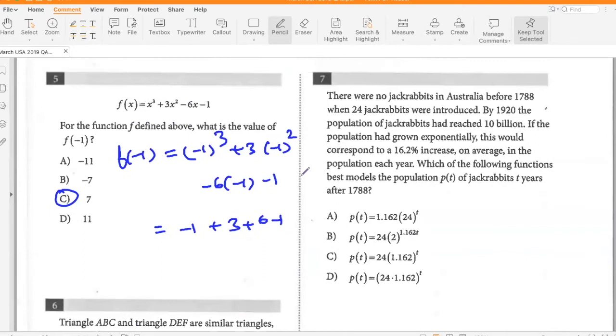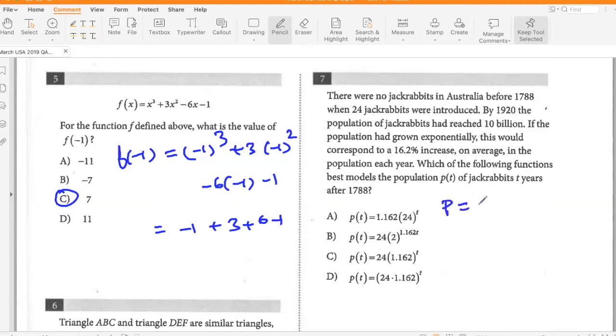There were no jackrabbits in Australia before 1788 when 24 jackrabbits were introduced. By 1920, the population of jackrabbits had reached 10 billion. If the population had grown exponentially, this would correspond to a 16.2% increase on average in the population each year. Which of the following functions best models the population of jackrabbits T years after 1788?